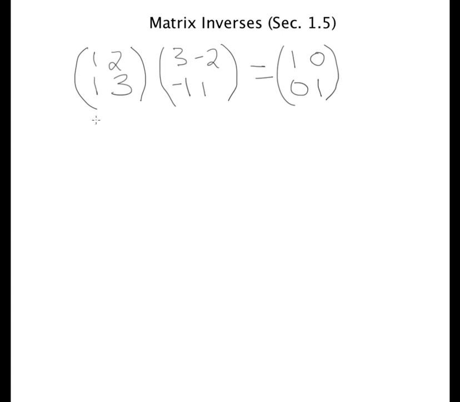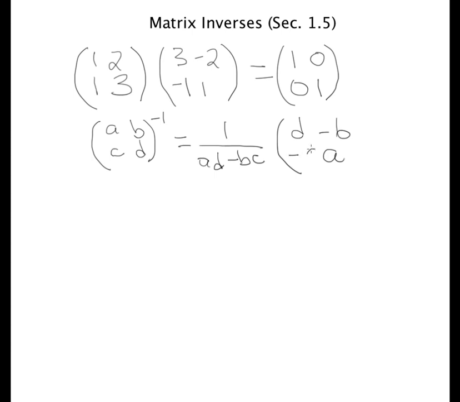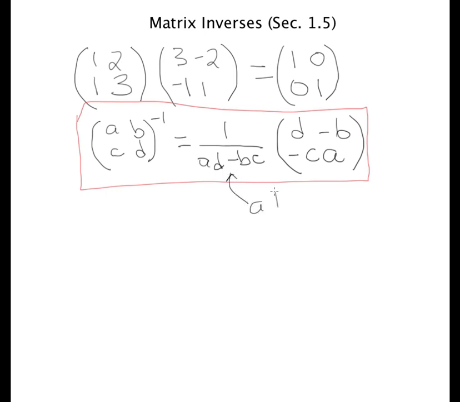In general, there's a nice formula for the inverse of a 2 by 2 matrix. The inverse of A, B, C, D is equal to 1 over AD minus BC times D, minus B, minus C, A. And that, if you think about it, certainly requires that AD minus BC is not equal to 0 for this to make any sense at all.